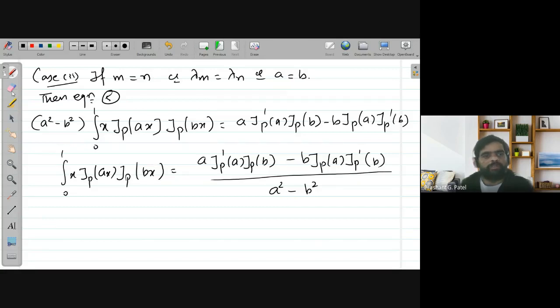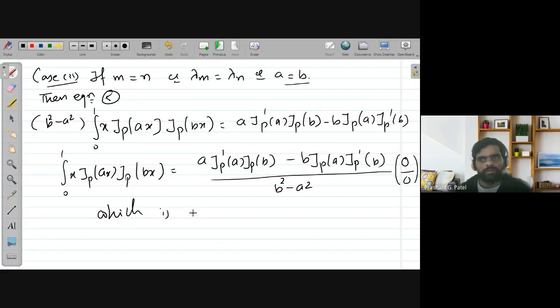Oh sorry, it is b square minus a square, not a square minus b square. It has to be b square minus a square. So this is also b square minus a square. And the numerator is also 0 because a is equal to b. So both these quantities cancel out. So it is actually a 0 by 0 indeterminate form.